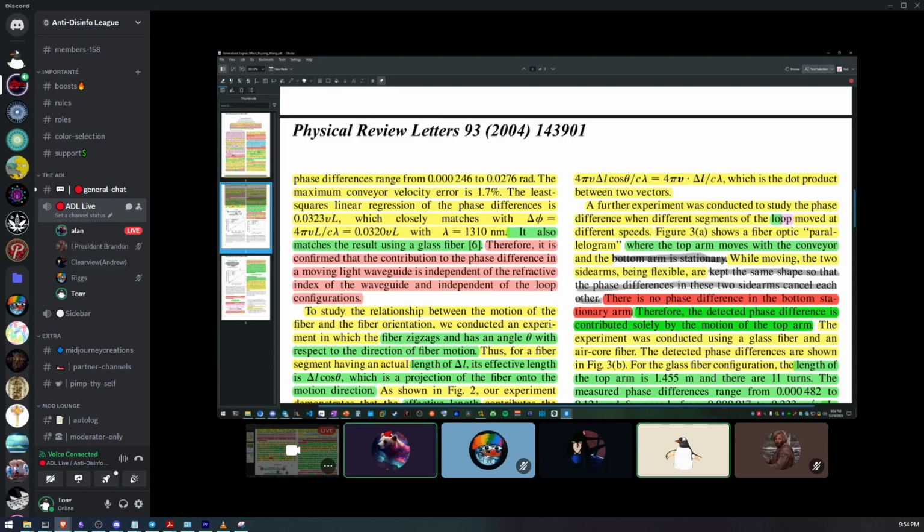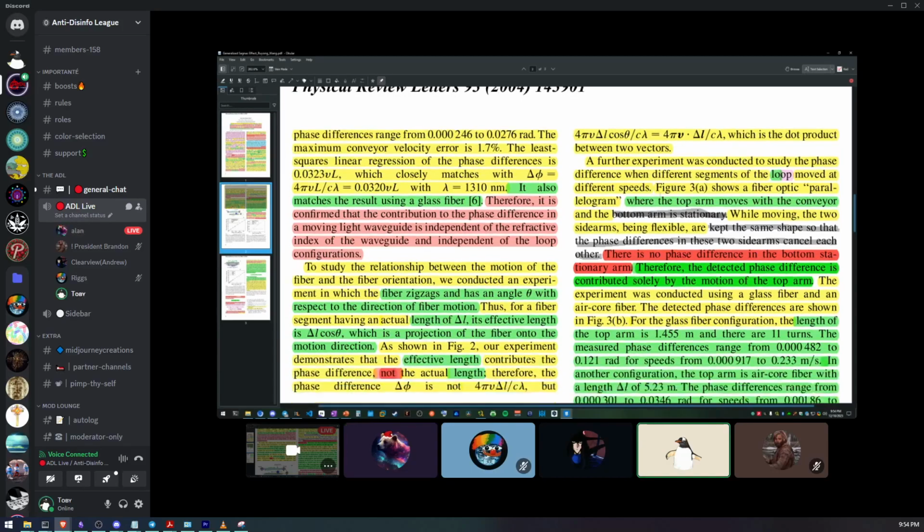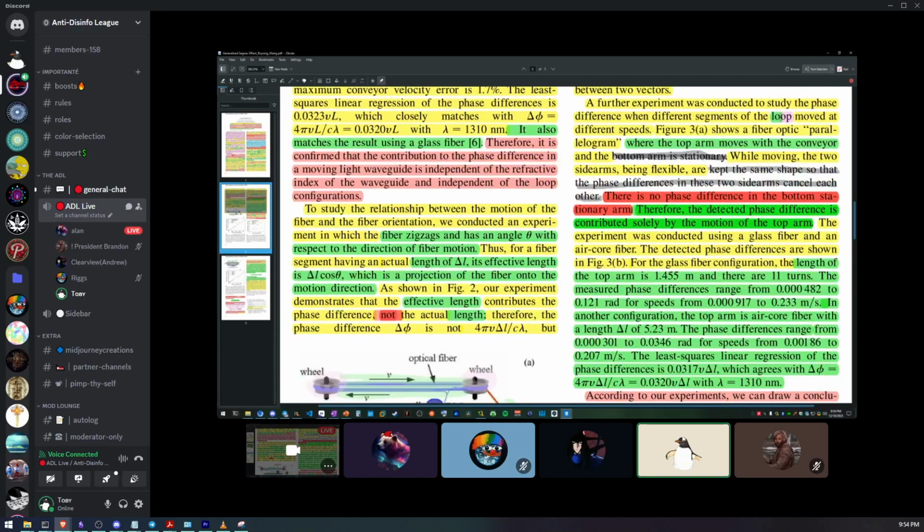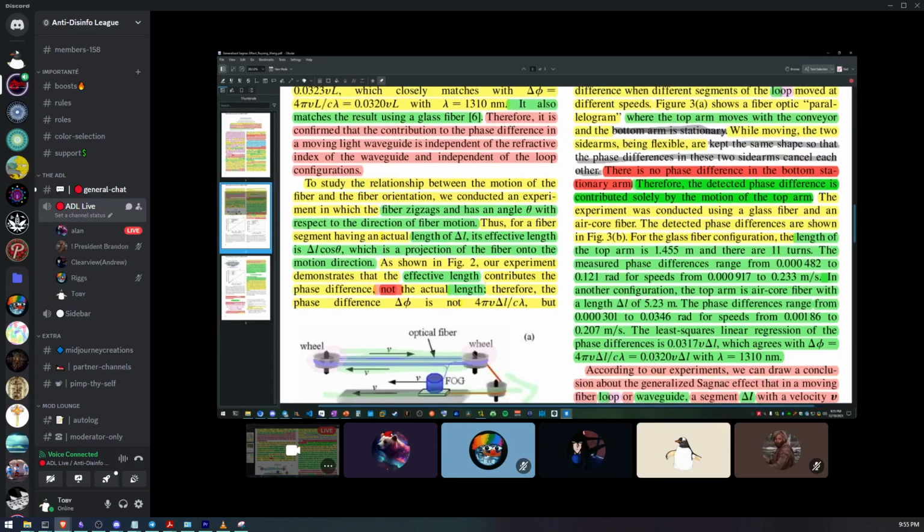So when he's talking about effective length, he's essentially talking about the motion being measured, right? The differential in the velocity due to the motion of the fiber. The effective length contributes to the phase difference, not the actual length.